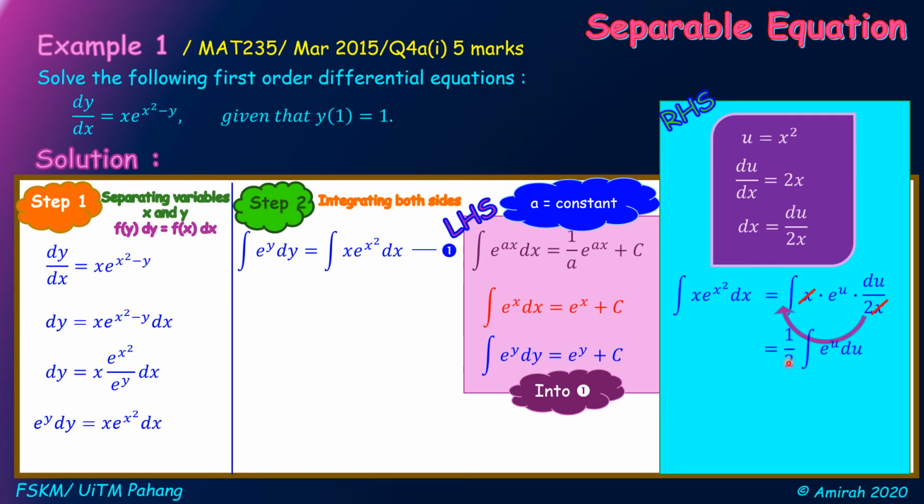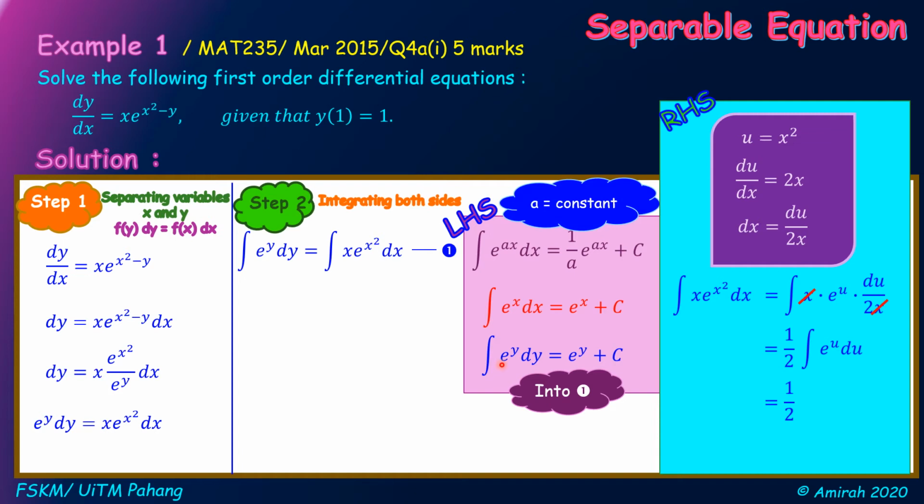Alright. So to integrate half integration of e to the power of u du, we still have the constant half in front. And then to integrate e to the power of u du, we can refer to this formula. When we integrate e to the power of x dx, it becomes e to the power of x plus c.